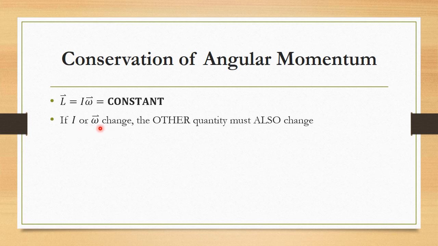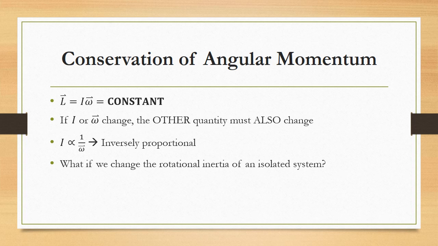If you change either I or omega, the other quantity must also change, so that this L doesn't turn into a new number. It has to stay a constant. We could also equivalently state that the rotational inertia is inversely proportional to the angular velocity for an isolated system. What would happen then if you change the rotational inertia of the system? That is going to lead us to our next video.